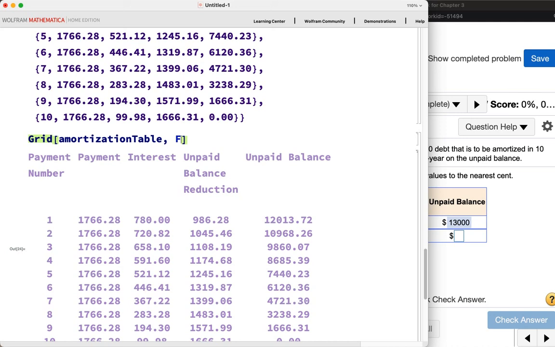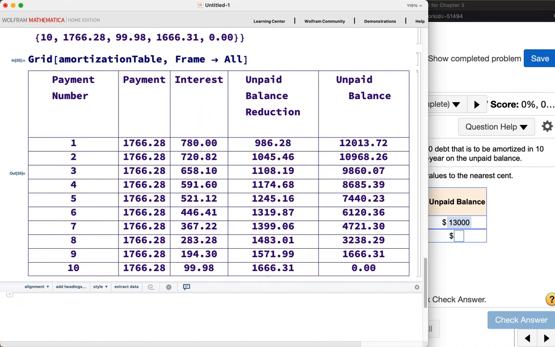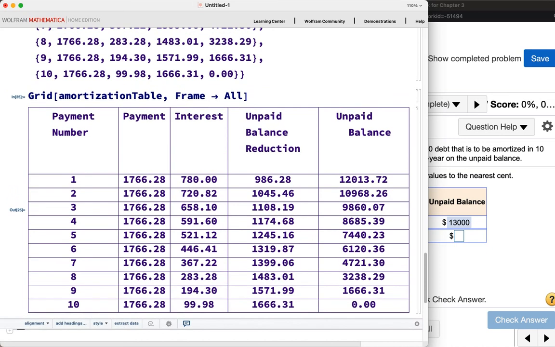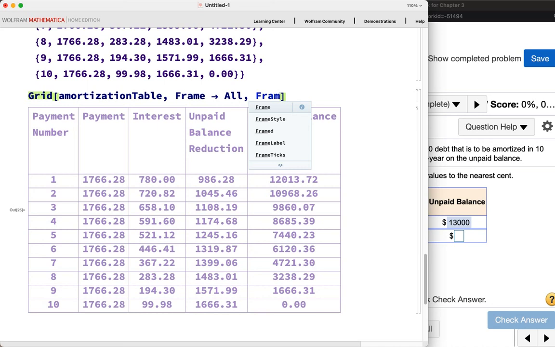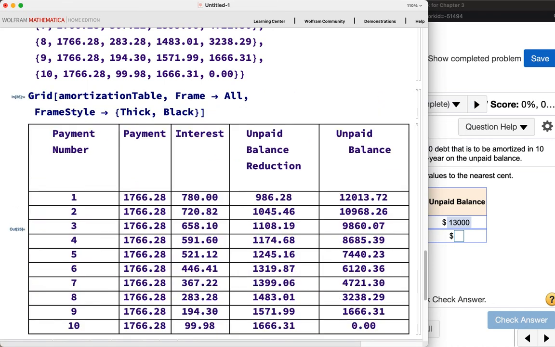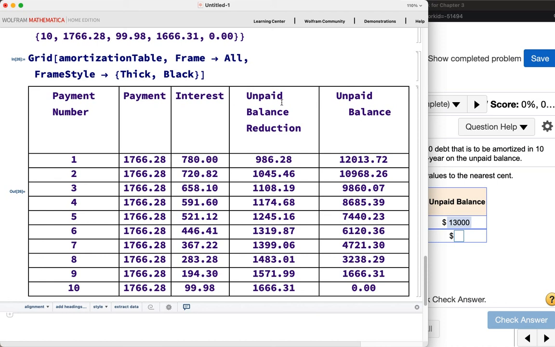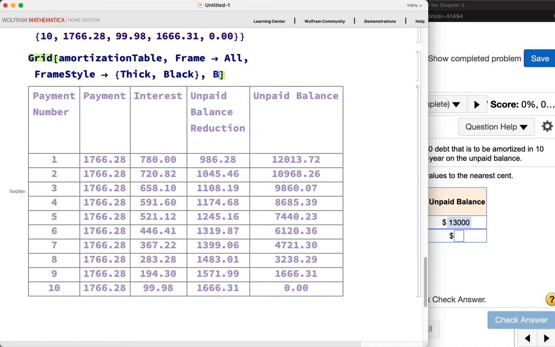Okay, so then we're going to frame everything. We could do frame style thick and black, and let's see, the background.